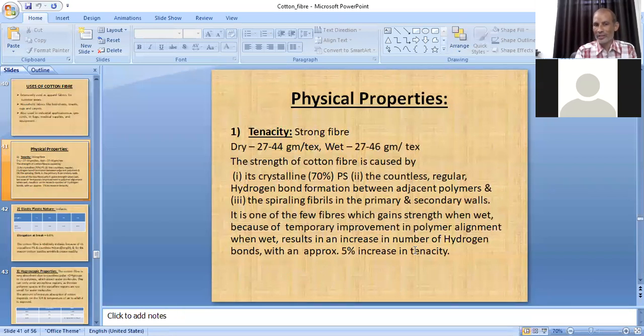Now, whatever we have taken in that topic, we have to apply here to understand different physical properties or chemical properties of the cotton fiber, as well as the polymer and the polymer system of cotton fiber, which we have covered today. And that's why I have emphasized particularly those 4 slides in which we have covered polymer and polymer system of cotton fiber.